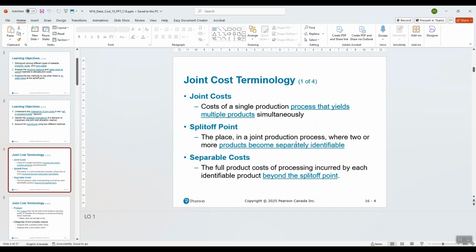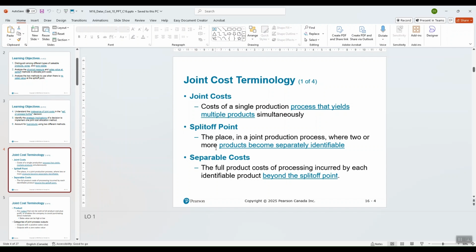Split-off point. Whenever we are developing a product in a manufacturing place, there is a processing cycle it has to go through, starting from buying raw material and getting up to the finished product.